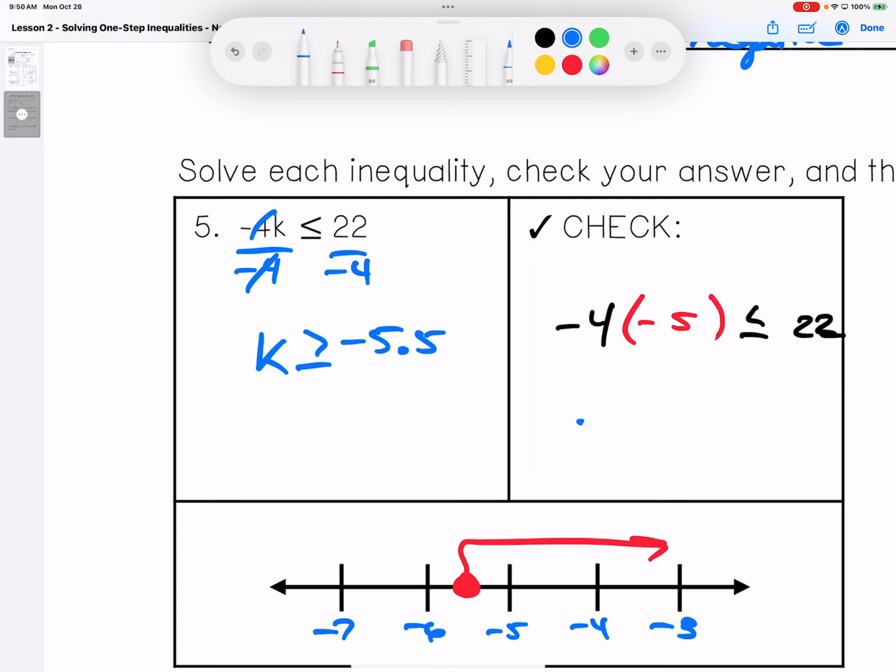All right, is 20 less than or equal to 22? Yes, it is. That was a positive 20, by the way. That was not a negative 20. Coach Spartman's a dummy. Negative 5 times the negative 4 is a positive. Excuse me there. So check.